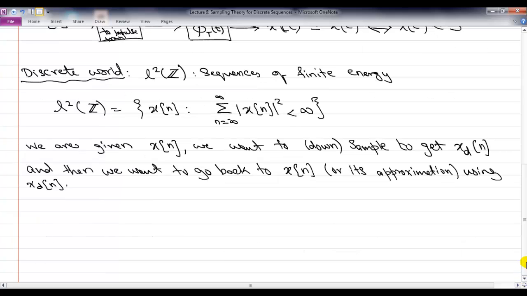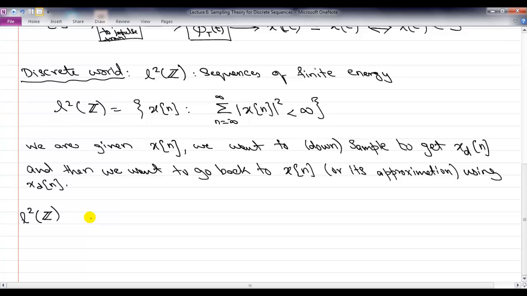So very similar objective that we talked about in the case of continuous world. We just have to make sure we understand some of the terms. What does the inner product, for example, mean in the world of L2Z? So L2Z, we won't go into that, but it is a normed vector space.